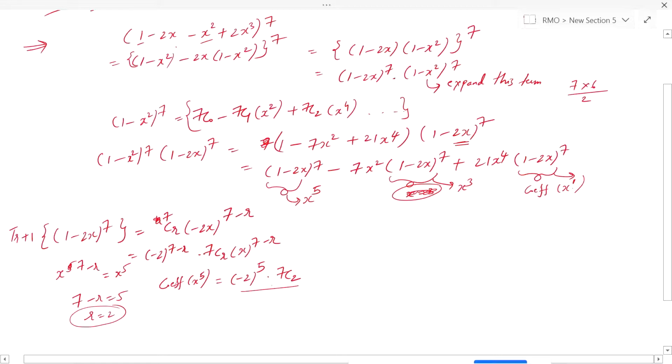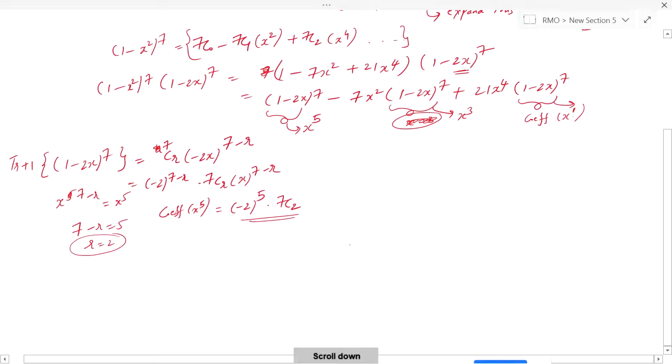Now we'll find the coefficient of x cube in this. The coefficient of x cube: r will be equal to 3, so it's 7C3 into (minus 2) cube.